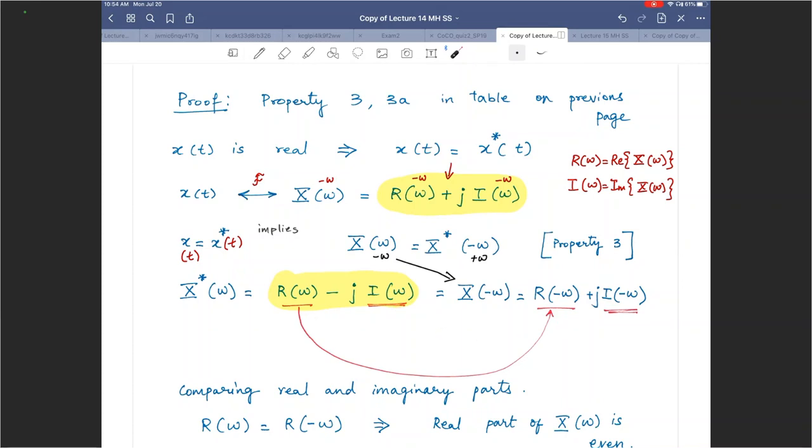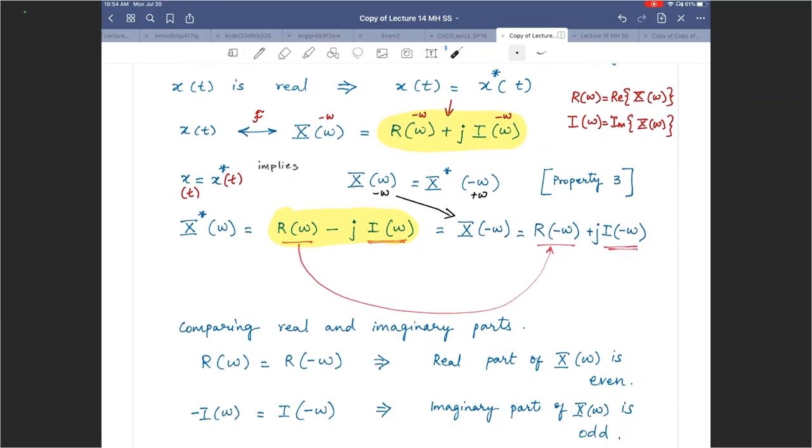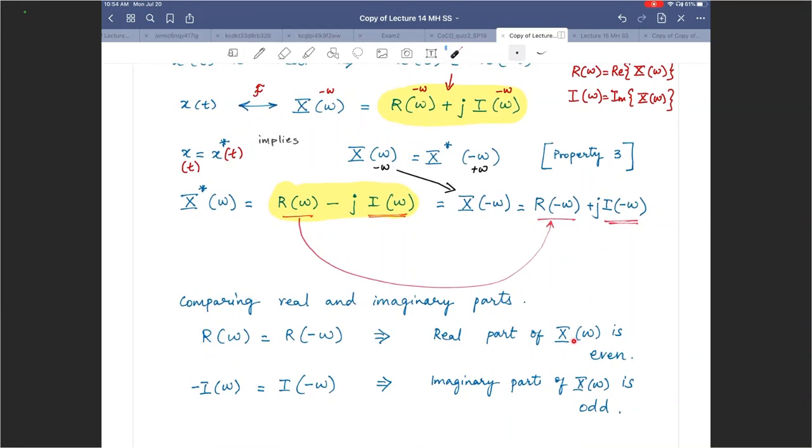If you equate the real part, what do you get? R of omega equals R of minus omega, which implies the real part of the Fourier transform of x is even. That's property 3a.